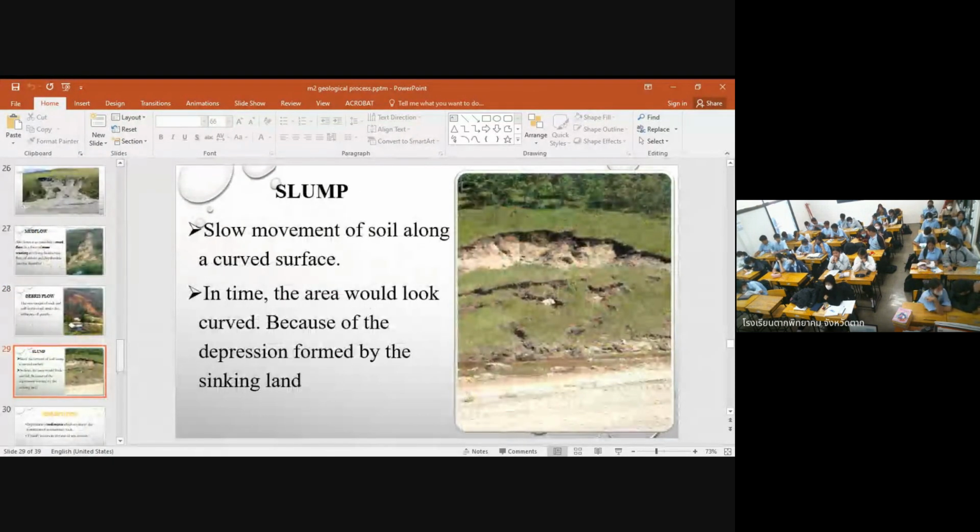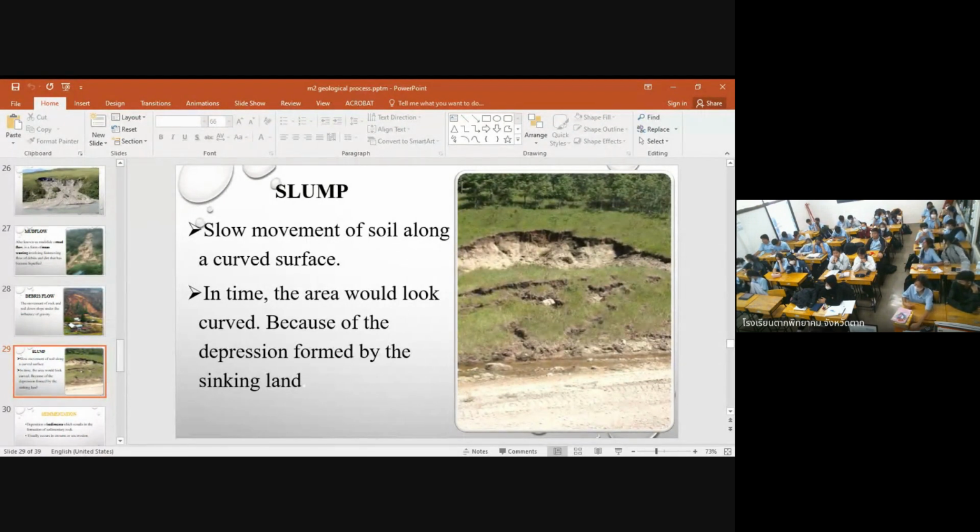The third is the slump. Slow, okay students, slow movement of soil along a curved surface. In time, the area would look curved because of the depression formed by the sinking of land.